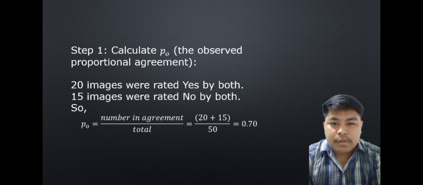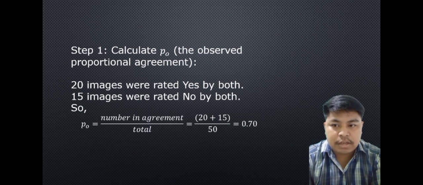To calculate the Cohen's kappa, the first step is to calculate the P sub O, or the observed proportional agreement. Based on the data set, there are 20 images that were rated yes by both, and there were 15 images that were rated no by both. The formula in finding the P sub O is equal to the number in agreement over the total.